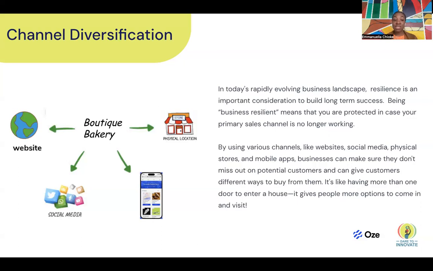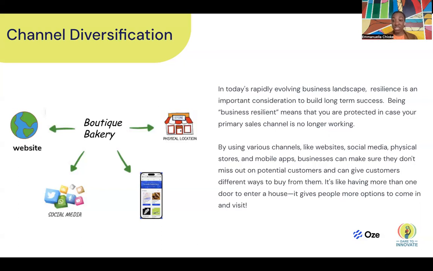In the event that one of these channels takes a loss or is suffering to close sales or get users to visit, there are other things to fall back on. If we take the example of COVID, many customers would be unable to come into the physical store to buy goods.